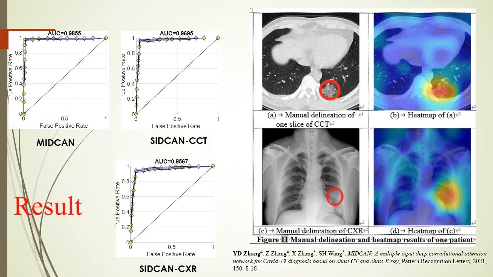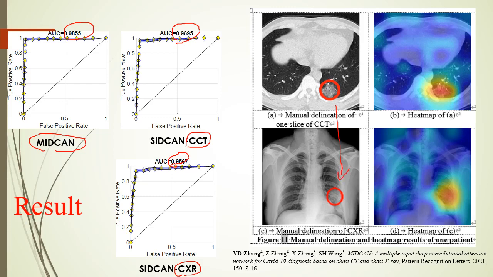On the left side, we can see the AUC comparison of the proposed MIDCAN. The AUC value is 0.98, compared to using the chest CT only, where the AUC is 0.96, and using the chest X-ray only, where the AUC value is 0.95. On the right, we see the manual delineation and heat map result from the same patient.